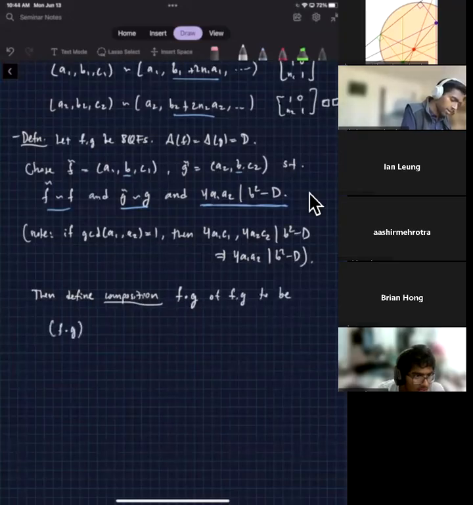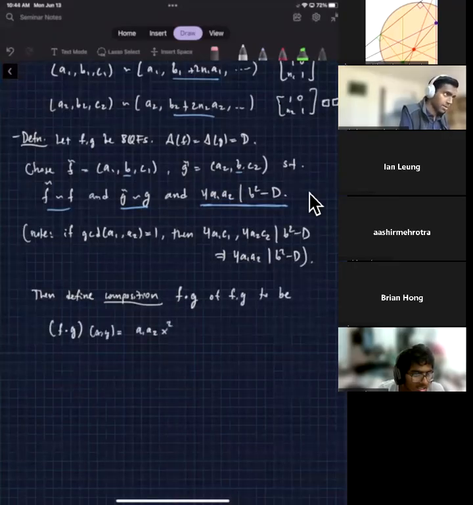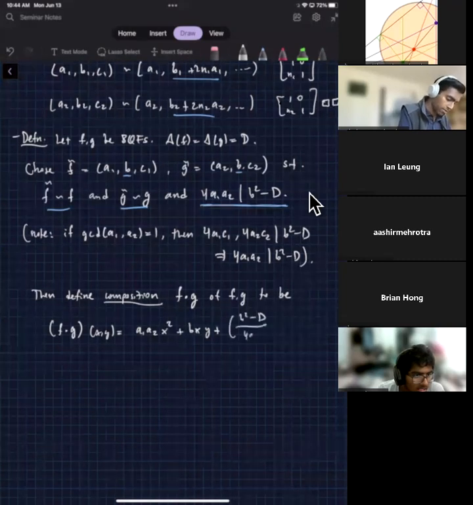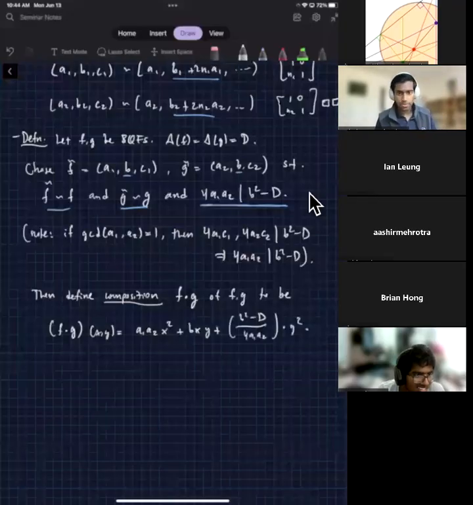F dot G of XY is equal to A1A2 X squared plus BXY plus (B squared minus D) over 4A1A2 times Y squared. So this is how two BQFs of the same discriminant are related to each other. If you take F and G of the same discriminant, you can produce F dot G.